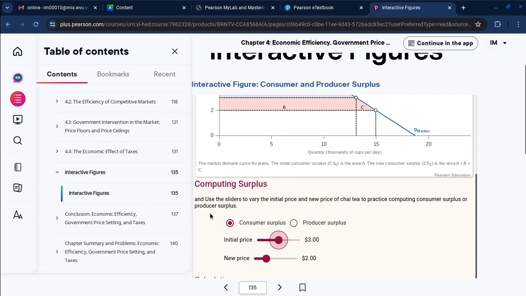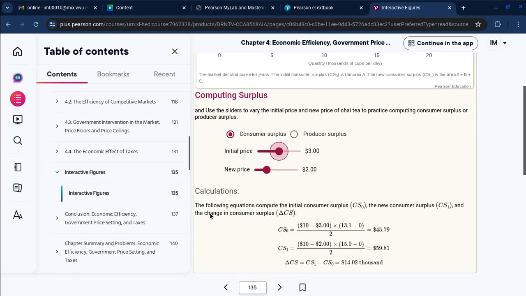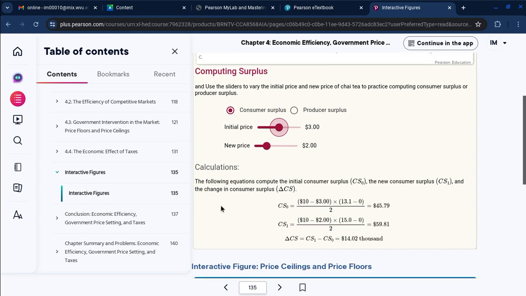And I especially want to look at the calculation here at the bottom. Just looking at this equation, it might feel a little overwhelming, but really it's quite simple, because we're only having to calculate the area of a triangle. That's exactly what this formula is.